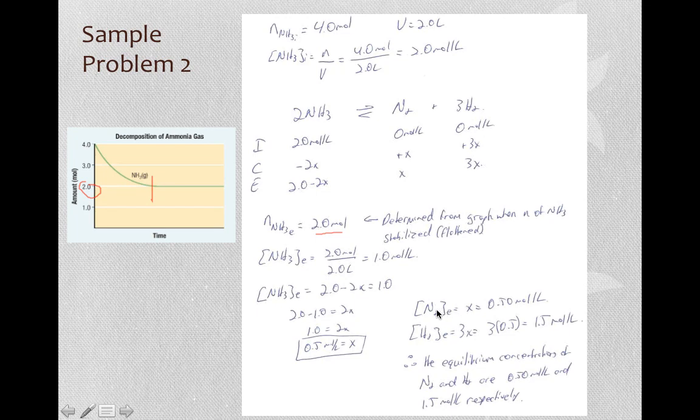The concentration of N2 at equilibrium is equal to x, so that's simply 0.5 moles per liter. The concentration of H2 at equilibrium is 3x, as we can see from our ice table. So we're taking 3 times 0.5, and we get 1.5 moles per liter. So now using our ice table, we found the equilibrium concentrations for both N2 and H2.